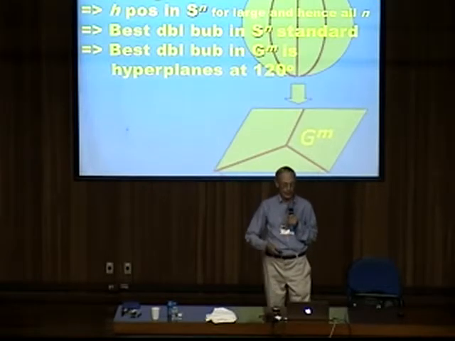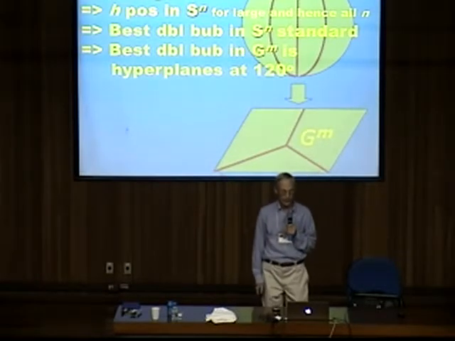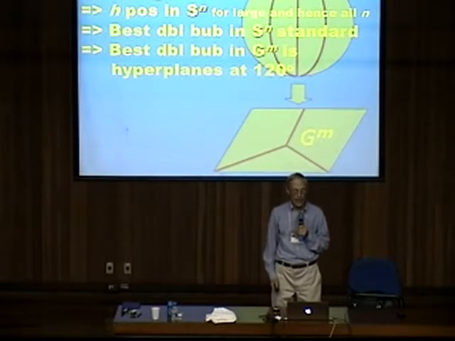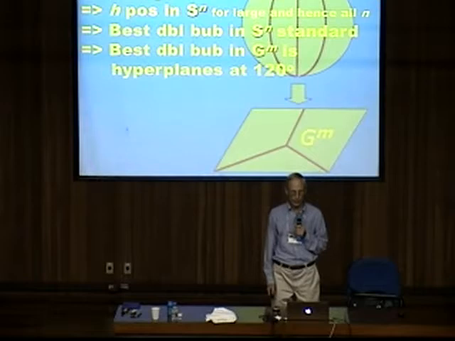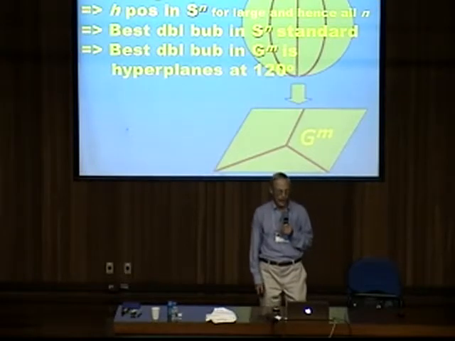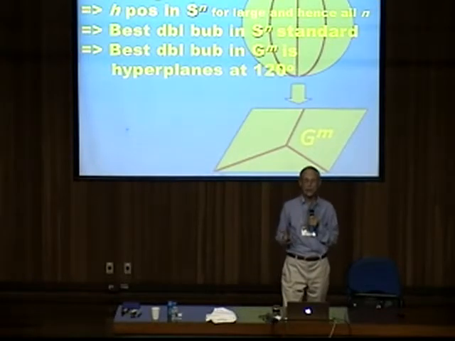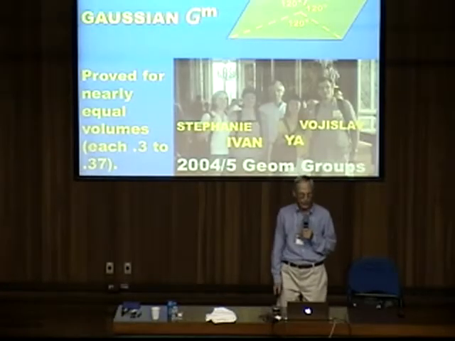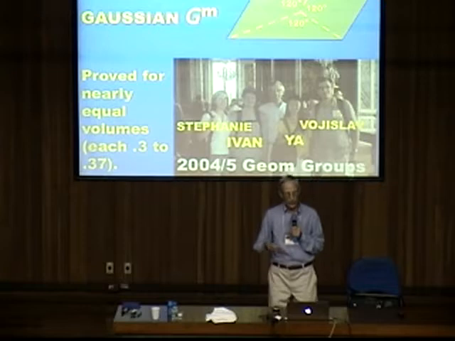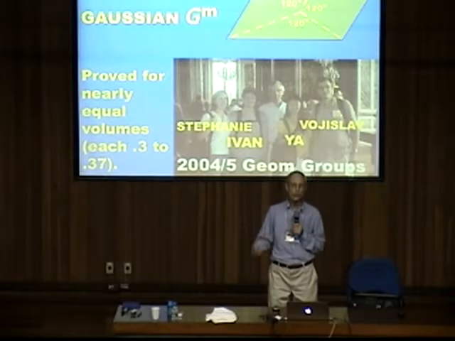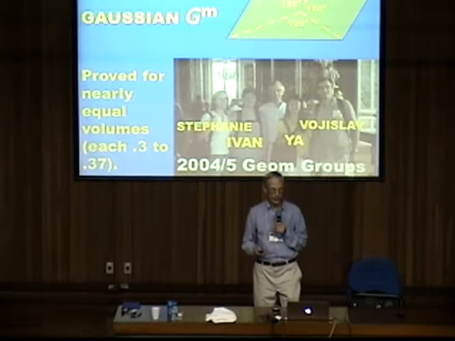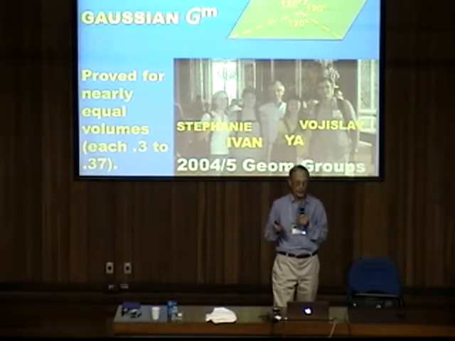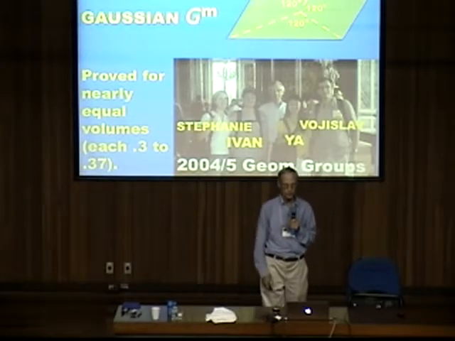And now you go back and look at Gauss space as the limit of high-dimensional spheres and conclude that the best double bubble in Gauss space is hyperplanes meeting at 120-degree angles. And this worked whenever the Hutchings inequality worked in G2, which was when the volumes were nearly equal, all varying from about 0.3 to 0.37. So at least for those cases, there was a proof of the triple bubble conjecture in Gauss space.